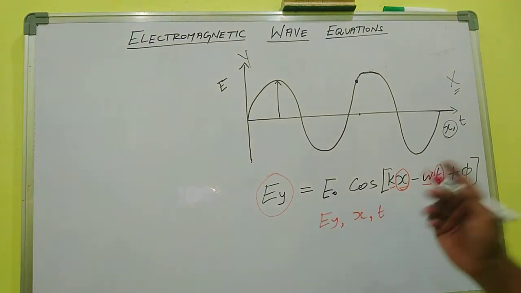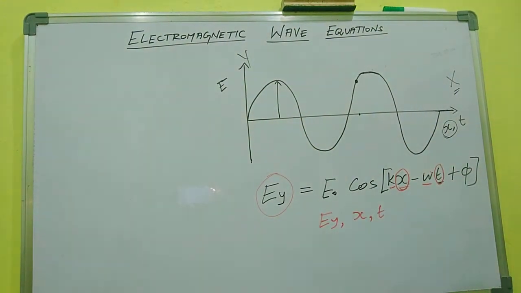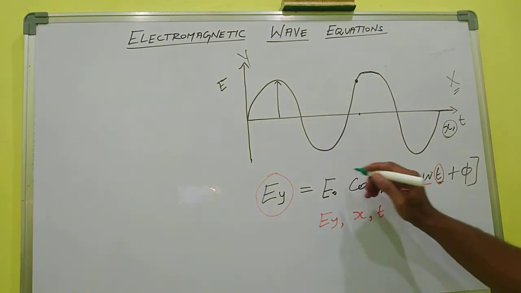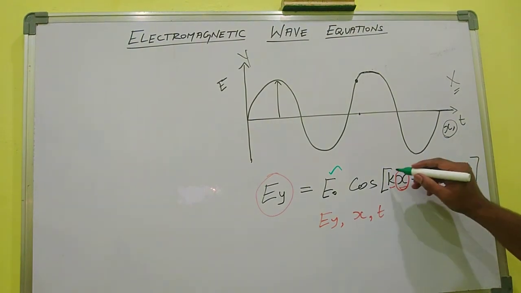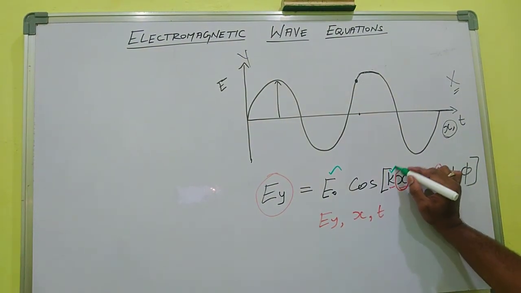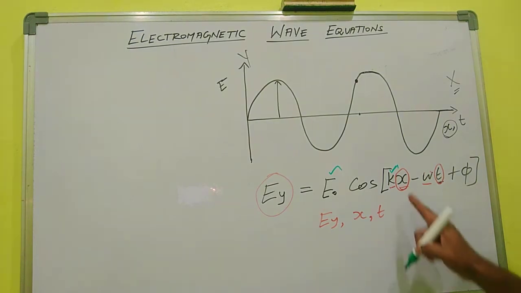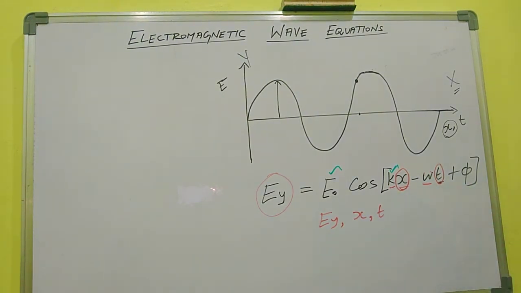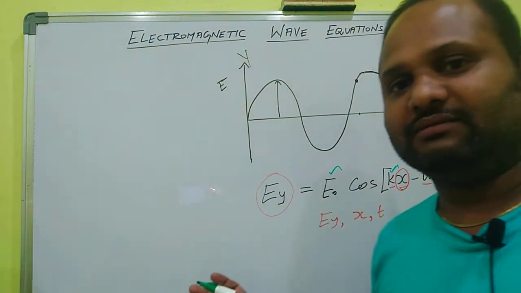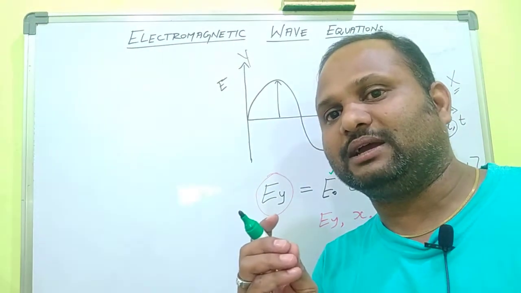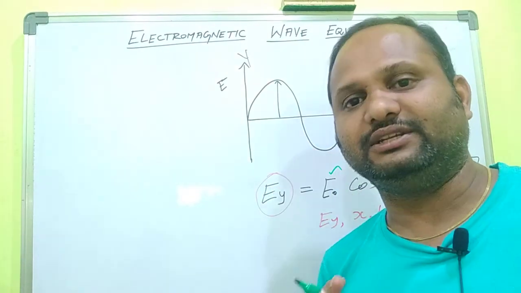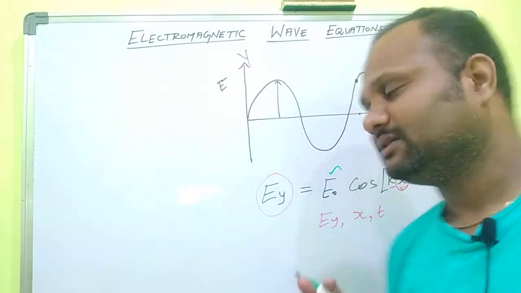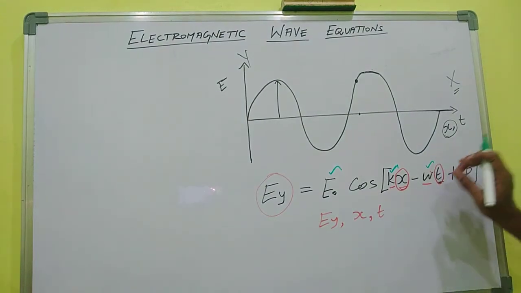Then what are the constants here? E naught is the peak value of the electric field, which is constant. K is the propagation constant, as the name indicates, or wave number, which is a constant for a particular wave. And omega is the angular frequency of the electromagnetic wave, for the representation of the electric field, which is also a constant.